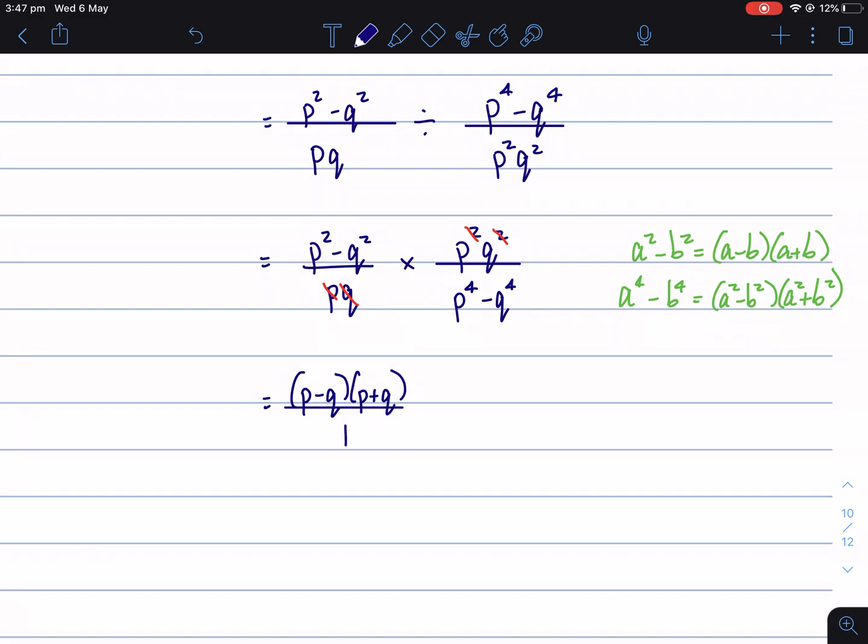It's just over 1 times PQ over P squared take Q squared. Hey, if I was already going to get P squared take Q squared, I should have just left this as P squared take Q squared, P squared plus Q squared.